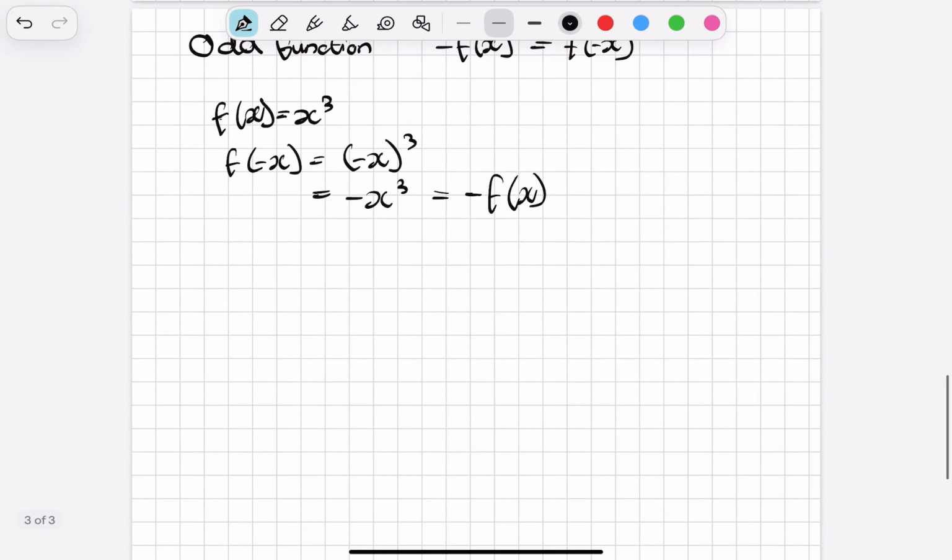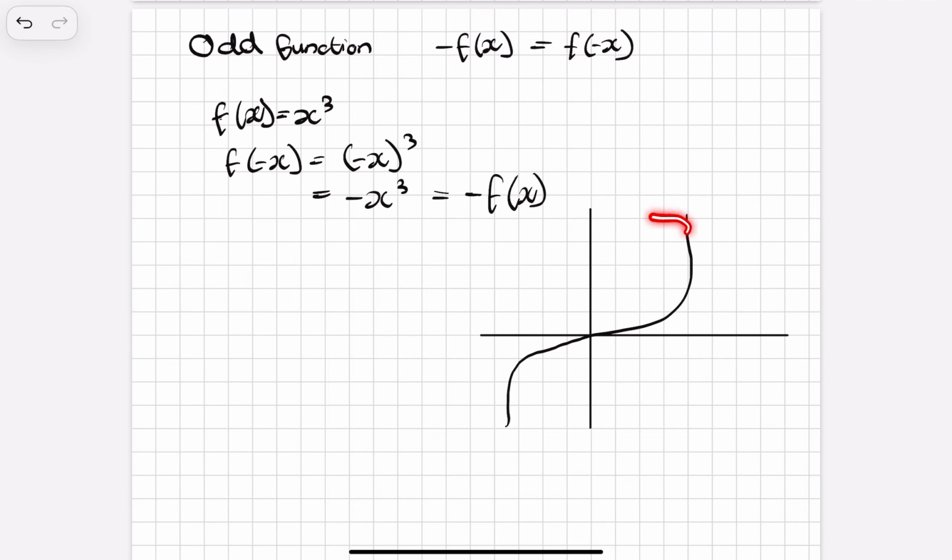So if you sketch x cubed, you have a shape like this, and we can see the first quadrant here has been reflected 180 degrees about the origin into the third.